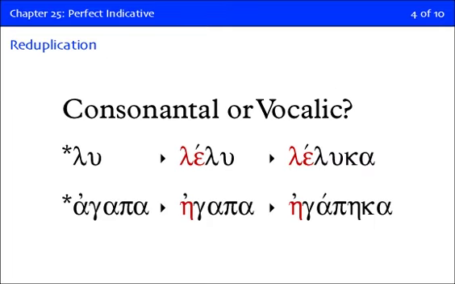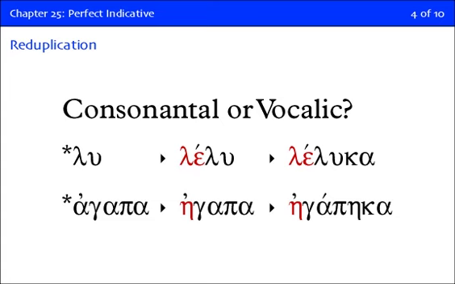Let's just talk a second about reduplication. And basically, there's 2 kinds of reduplication. If the stem begins with a consonant, you undergo consonantal reduplication. In other words, that initial consonant duplicates, and then you put an epsilon in between them.